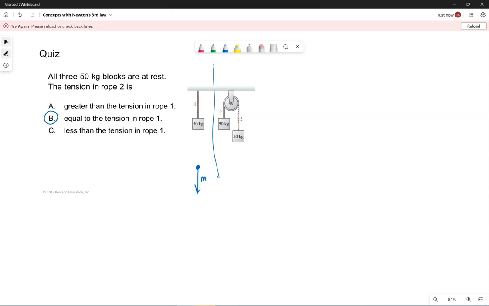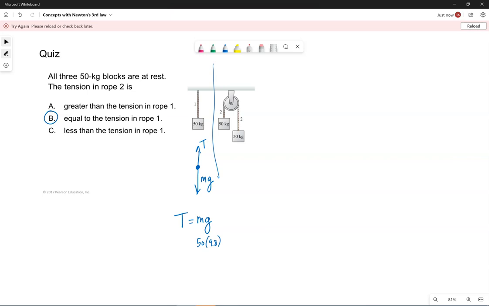The mass itself is feeling the pull of gravity downwards and then the tension upwards. Because the block is at rest, we know the tension here has to equal that 50 kilogram mass times 9.8. If they were not equal, there would be an acceleration for that block.